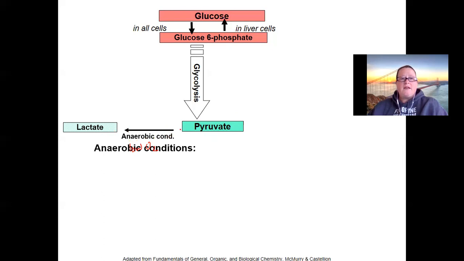Now, this process produces a small amount of ATP because glycolysis produces a small amount of ATP. So even if we don't have a lot of oxygen, our bodies still have a mechanism to make ATP through glycolysis. The glycolysis can occur, and the pyruvate turns into lactate.